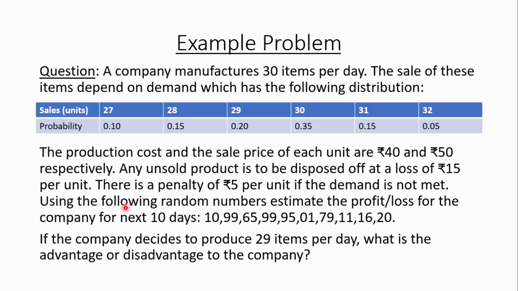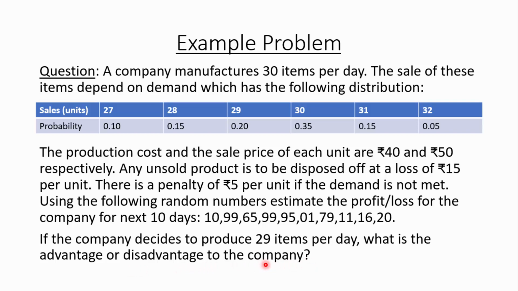Now using the following random numbers, estimate the profit or loss for the company for the next 10 days. So here are the random numbers that are mentioned in the problem, and it also asks that if the company decides to produce 29 items per day, what is the advantage or disadvantage to the company.